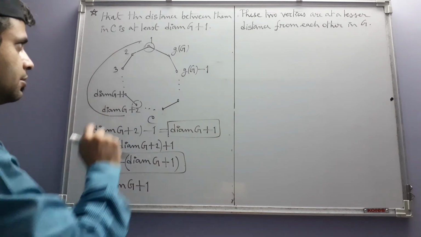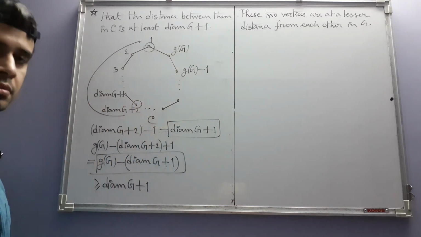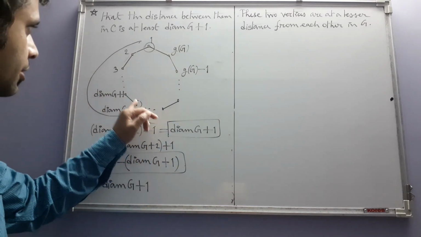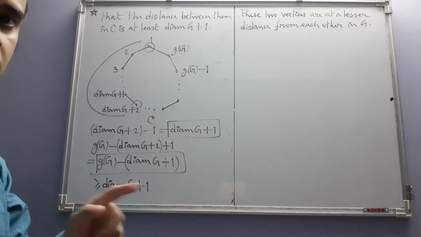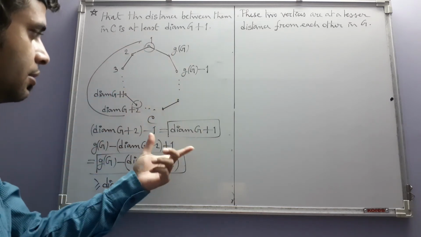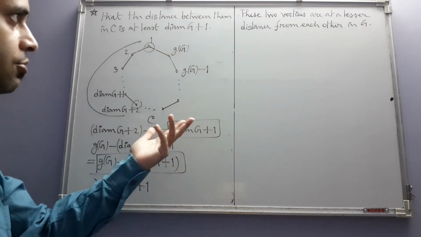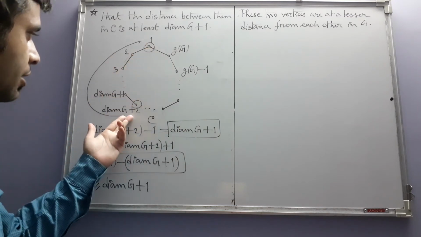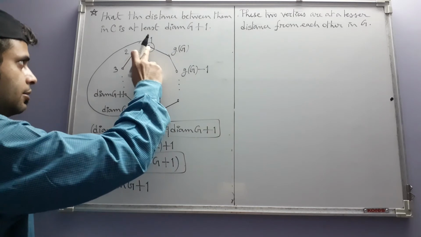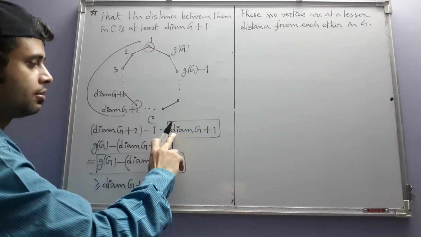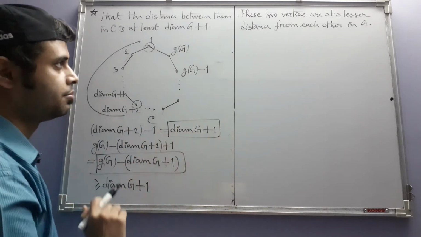So that means there is a path joining these two vertices that is not a part of C, because the length of that path will be smaller than this, which is the actual distance between 1 and diameter of G plus 2 in the original graph, and this path has length diameter of G plus 1, or at least this number.